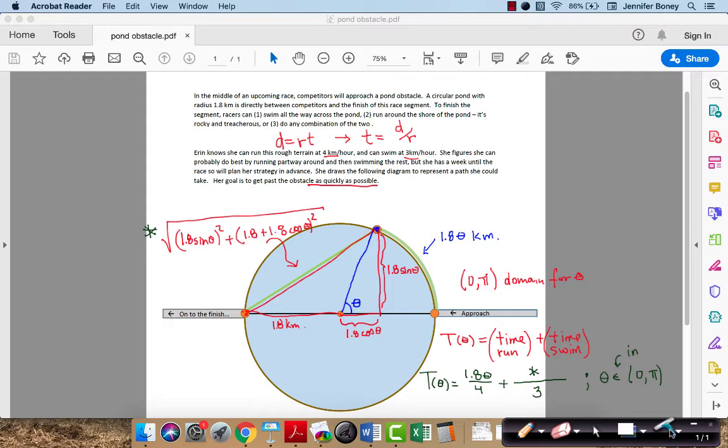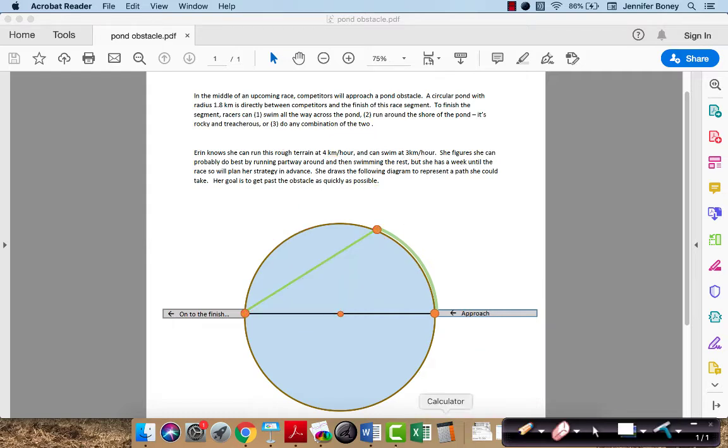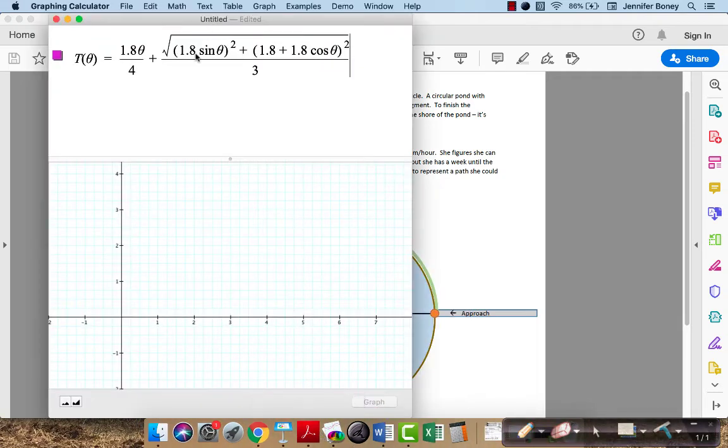So I typed this up earlier because it's kind of a pain to type. But here we go. T as a function of theta, 1.8 theta over 4, the time running, plus the time swimming, square root of a squared plus b squared, and then divided by 3, her speed in kilometers per hour for swimming.